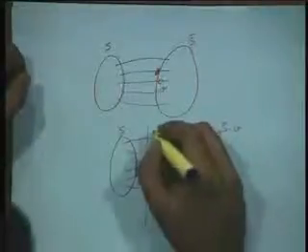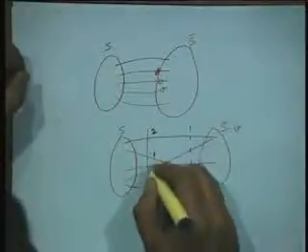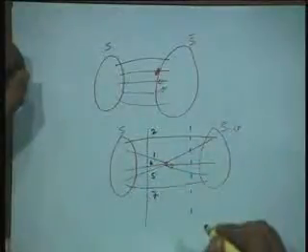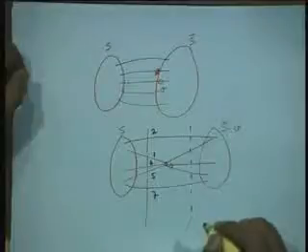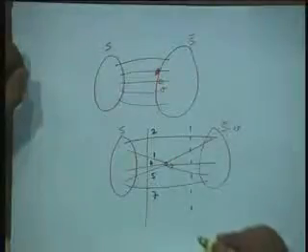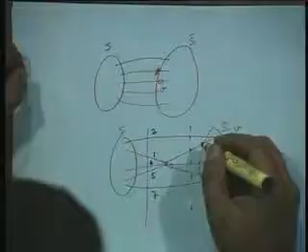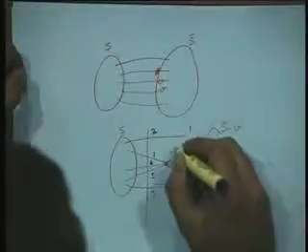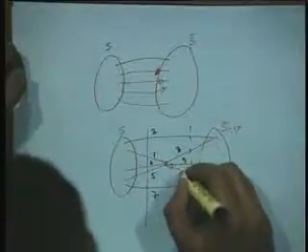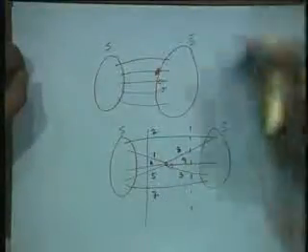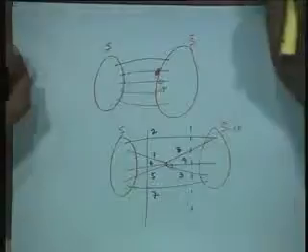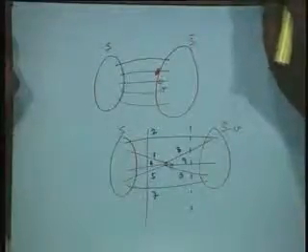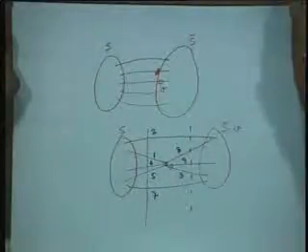So this is 1, this is 2, this is 5, this is 6, and this is 7. We need the minimum which is not connected to V. Then these are 8, 9, 3, let's say. So earlier the minimum was 1, and now the new minimum is 2.